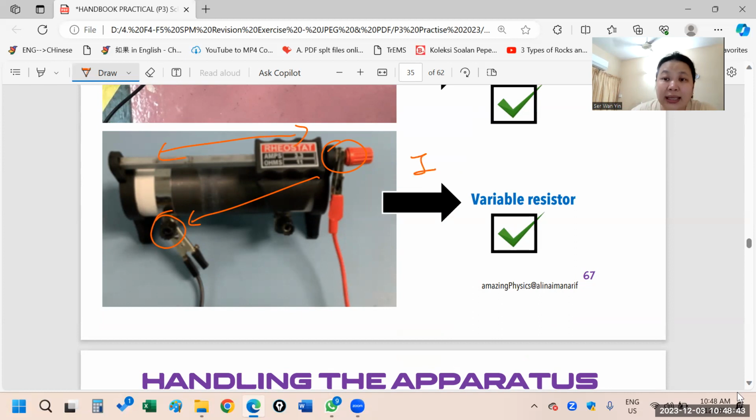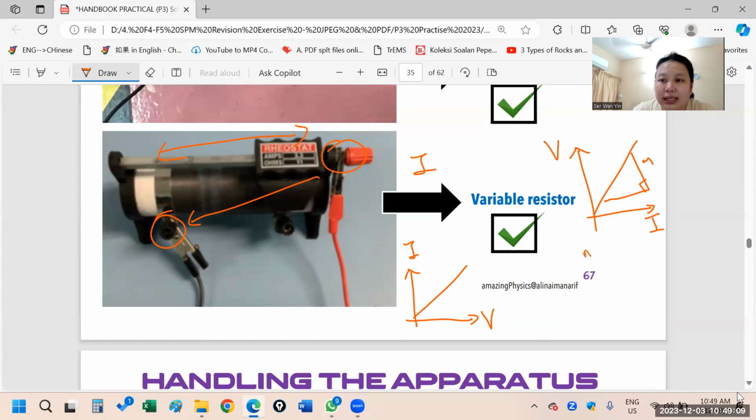Okay, that's why in Form 3, when we learn Ohm's law, we are using a battery: V increases, I increases. But in Form 4 and Form 5, we learn Ohm's law with I here, V here. Then when we get the graph, we will get the gradient.